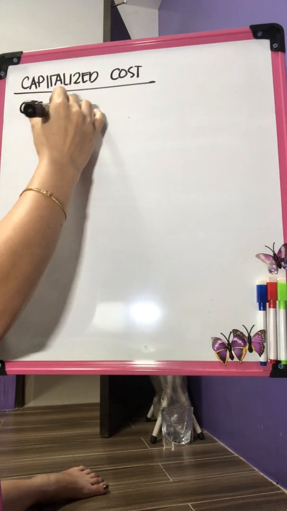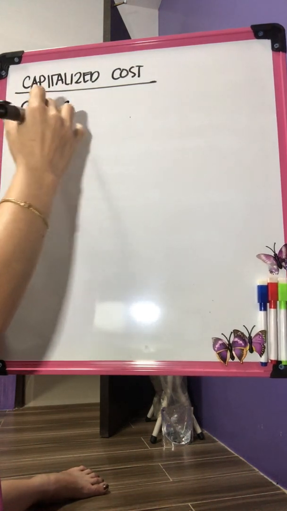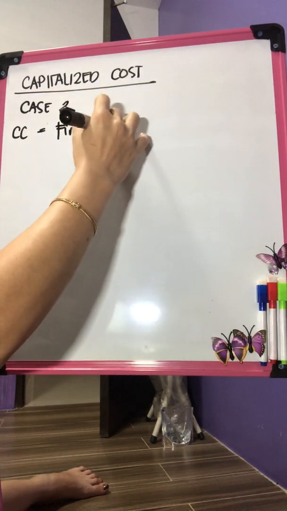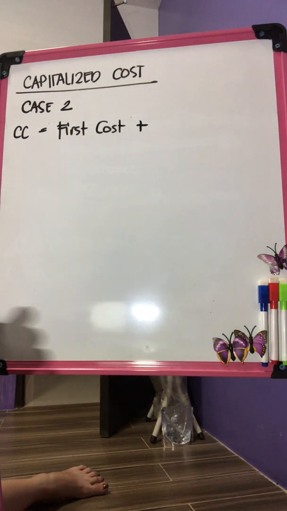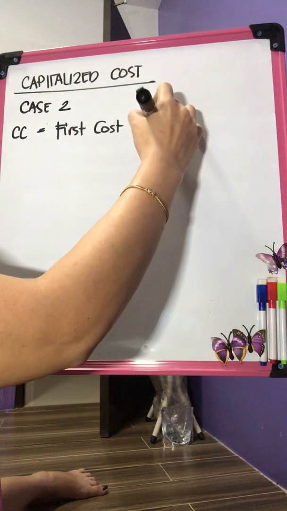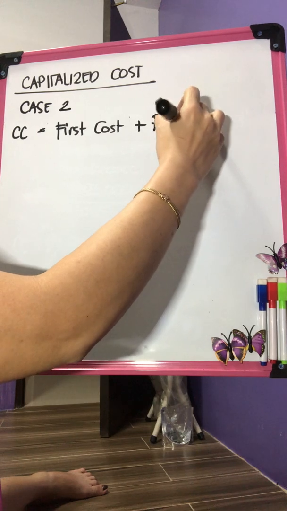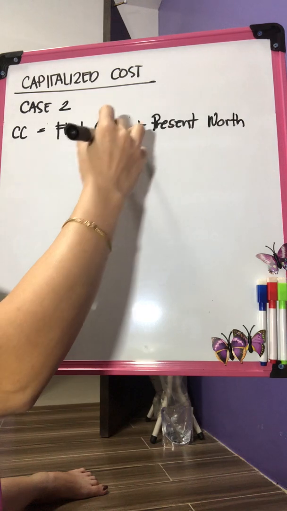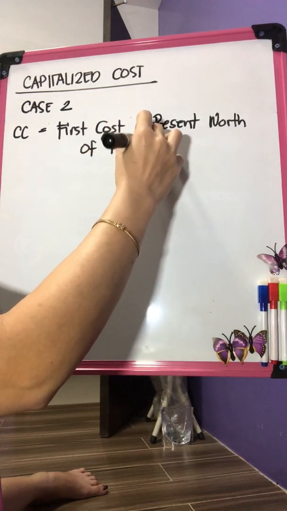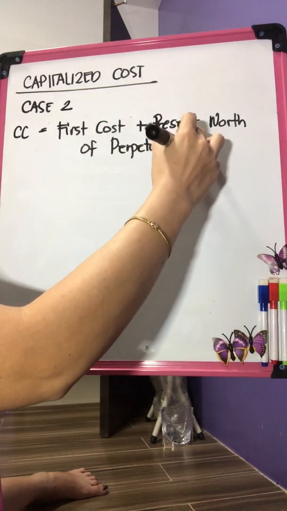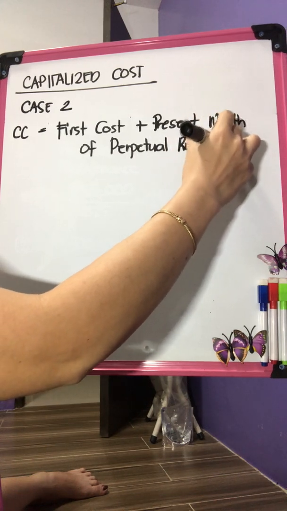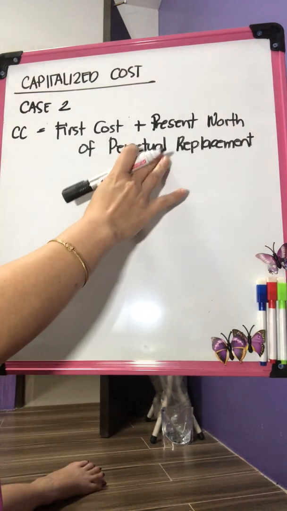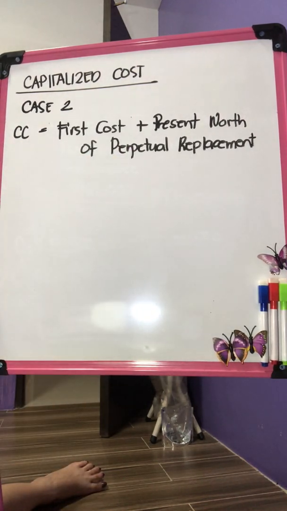For case number 2, capitalized cost is equal to first cost plus the present worth of perpetual replacement. So, paano natin kukunin yung present worth of perpetual replacement?